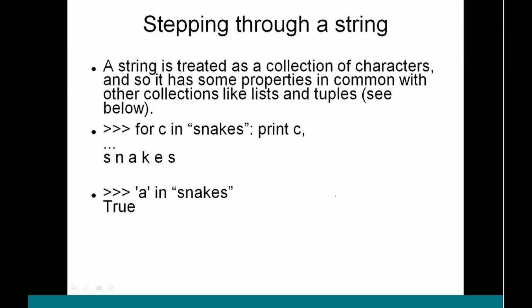So we can step through this. For example, we can define C in this string, print C, that prints one character at a time, because that's what C takes the value of. And we can also do some checking, like is A in snakes, then the answer comes as true.